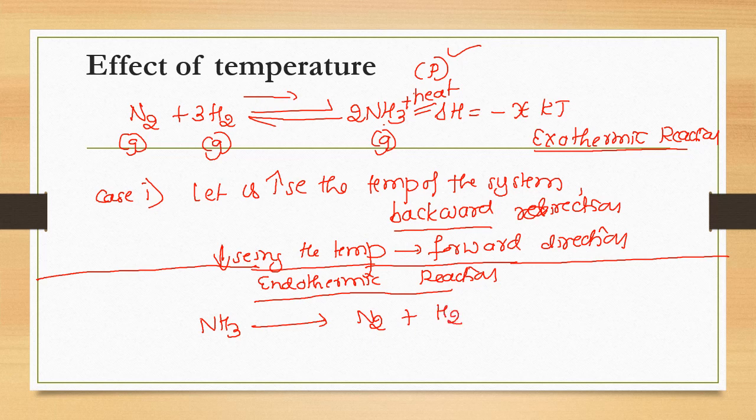That means for ammonia to decompose, you need to supply heat. So let us consider heat as a reactant. Okay, this is an endothermic reaction. Heat is absorbed, that means you need to supply heat to decompose ammonia into nitrogen and hydrogen gas.